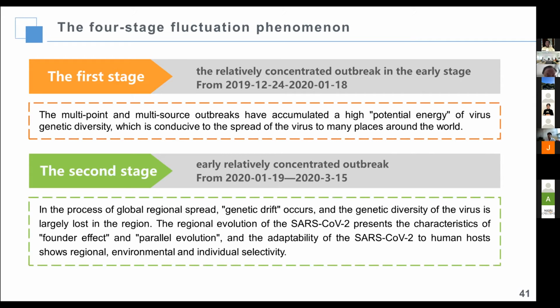In the process of global regional spread, genetic drift occurs, and the genetic diversity of the virus is largely lost in the region, and the regional evolution of SARS-CoV-2 presents the characteristics of the founder effect. And the parallel evolution and the adaptability of SARS-CoV-2 to human hosts show regional, environmental, and individual selectivity.